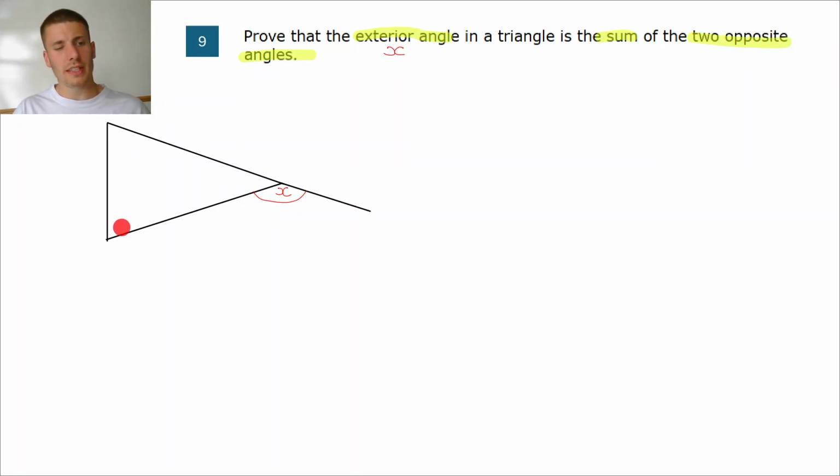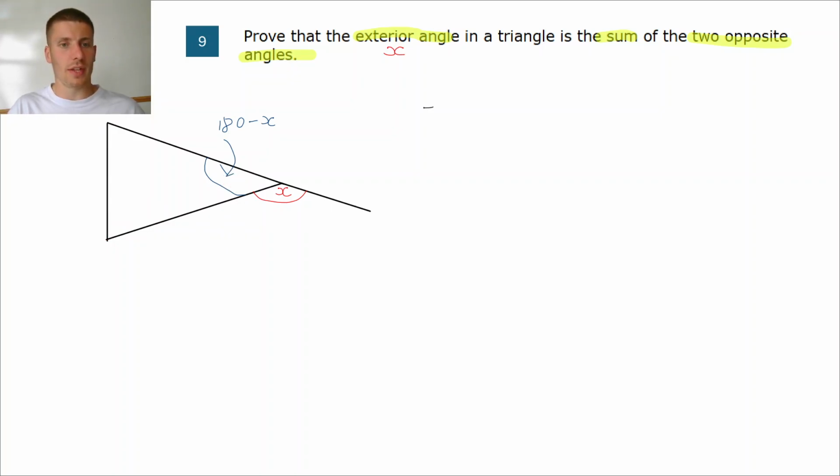What I'm going to do here is write this angle in terms of x. That could be a good thing to do. So let's write this interior angle in terms of x. This angle is going to be 180 take away x. Then I know that the opposite angles, so this angle and this angle, plus this angle must sum to make 180.